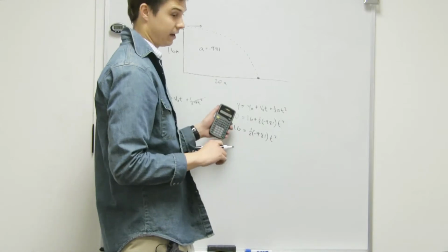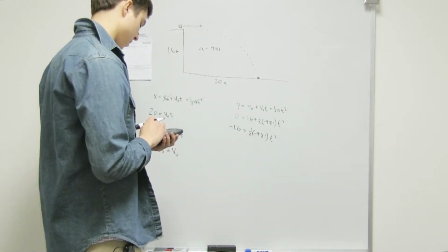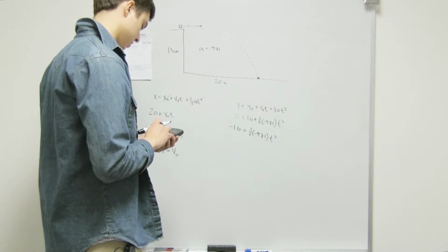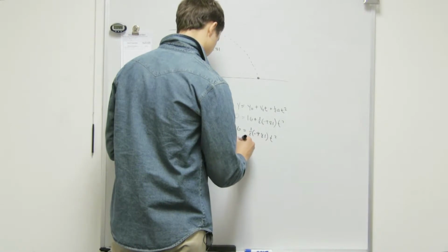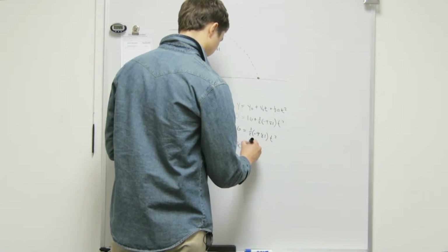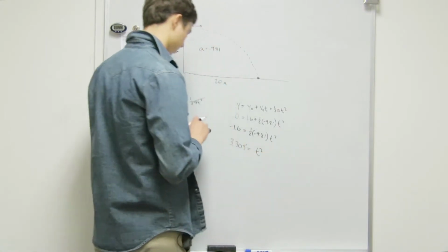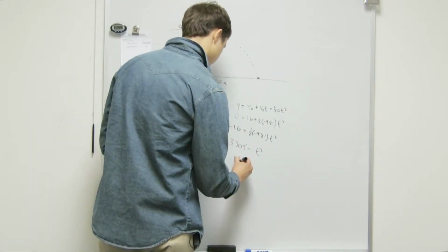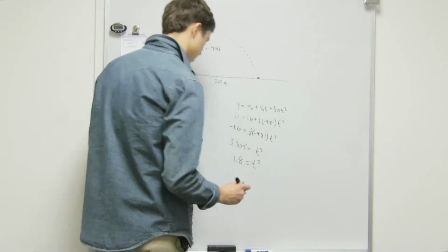Oh, because you added it together. Okay. So add 4.905. So we end up with 3.305 if we want to be precise, equals t squared. We square root that. We get 1.8 equals t.